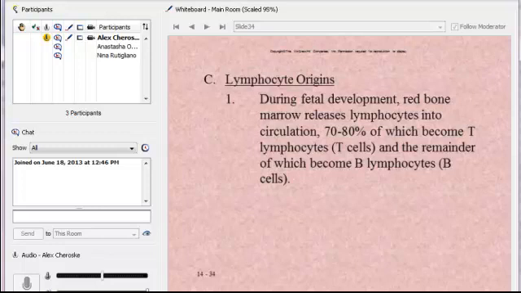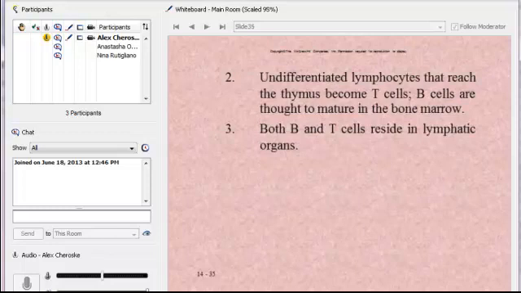Now, about 70-80% of the lymphocytes that are originally created in the red bone marrow become T lymphocytes and end up getting trained and residing within the thymus and then finally in the different lymph nodes. And then the remainder of them are B lymphocytes.